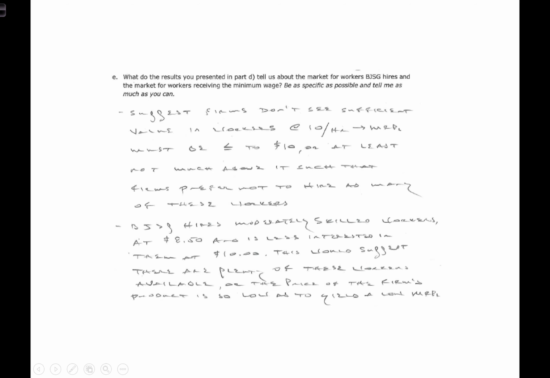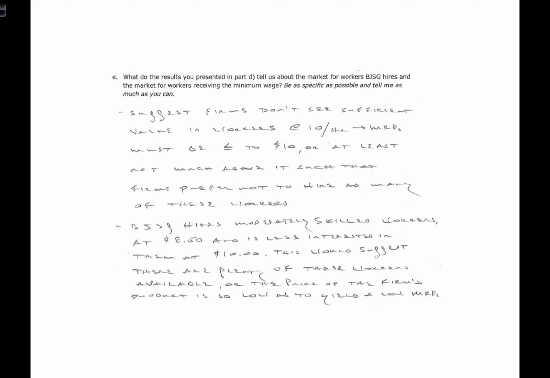Finally, in item E, what do the results you presented tell us about the market for workers? Well, it says a couple of things. It suggests that firms don't see sufficient value in workers at $10 an hour to hire as many of them as they'd like, which would suggest that we're not getting as much as $10 per hour of marginal revenue product of labor.